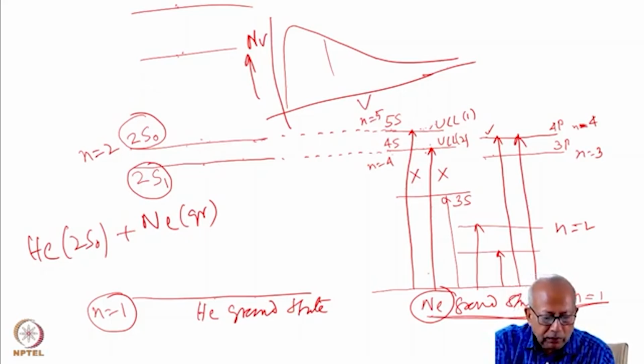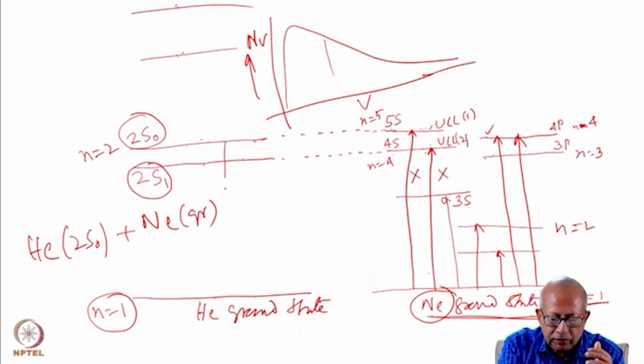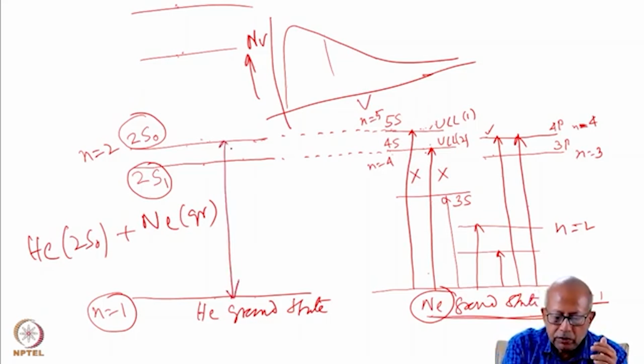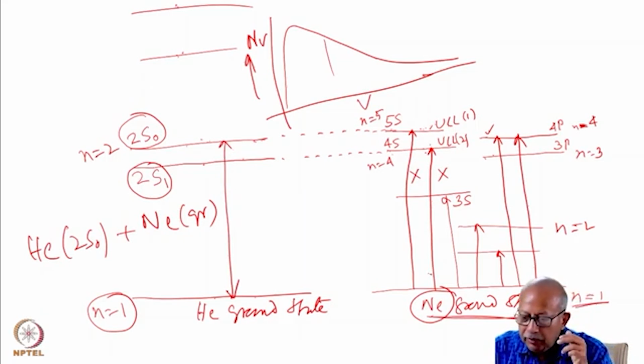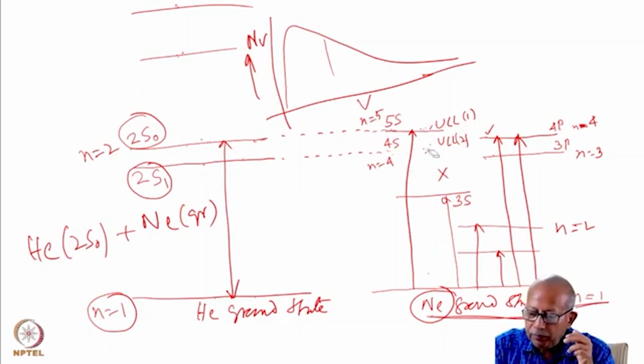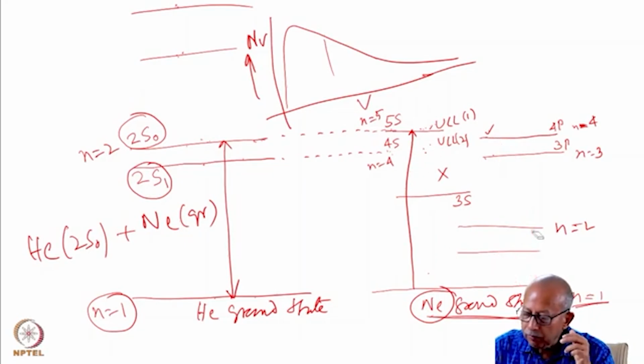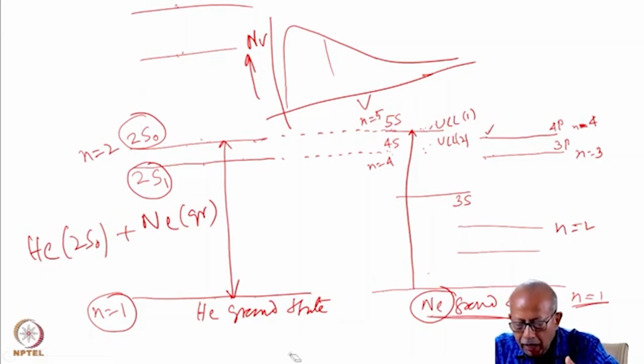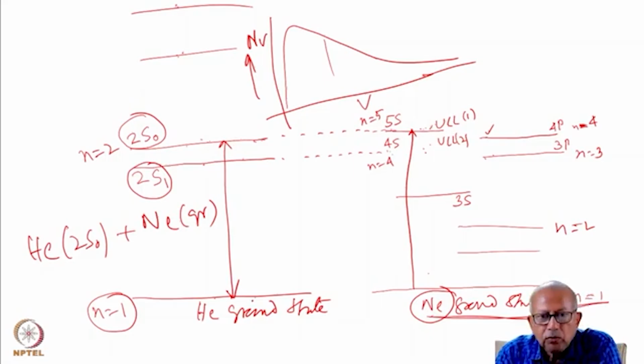Therefore, in this collision, the helium will transfer its excitation energy to neon, and neon will receive this energy and will climb up to this level. And the helium will of course come down to the ground state.